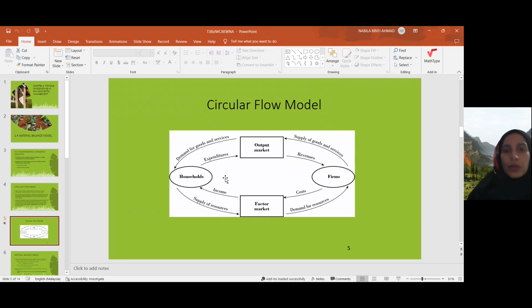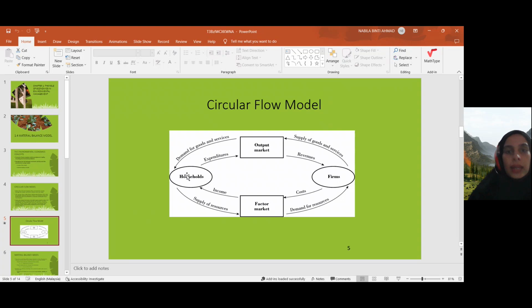The household has all the factors of production: land, labor, capital, and entrepreneur. It supplies all the resources to the factor market, which are demanded by the firms. Firms pay the cost to the household, and the household gets income. Firms use the resources to produce goods and services and supply them in the output market.